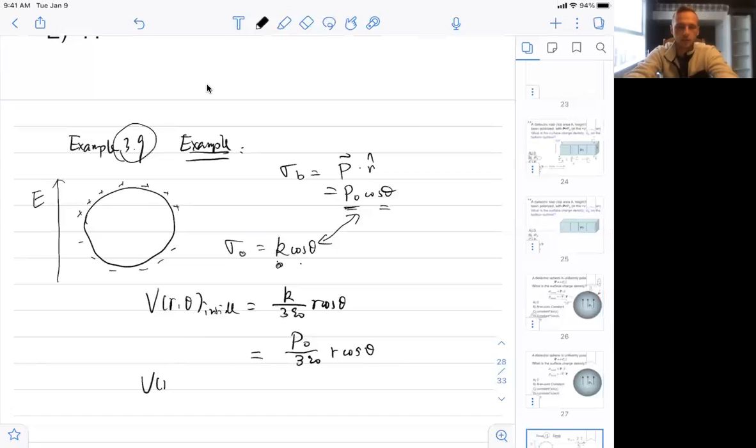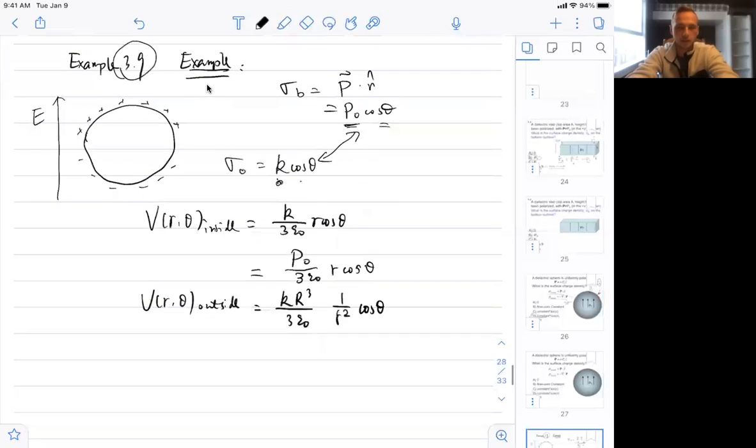The outside used to be K R cubed over 3 epsilon naught 1 over R squared cosine theta. And you can see that we can borrow this result to replace K with P naught, and that is our V for outside.